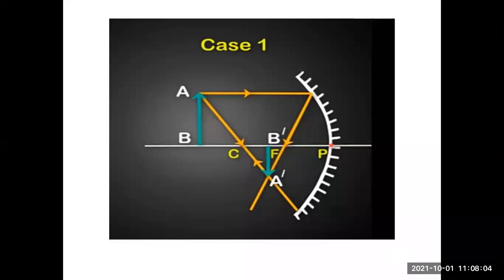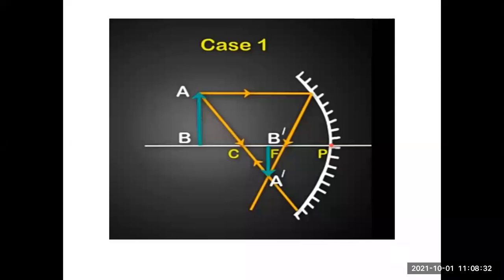After that, you can see the second arrow headed towards the concave mirror, passing through C, that is the center of curvature. So we have studied our rule 2.